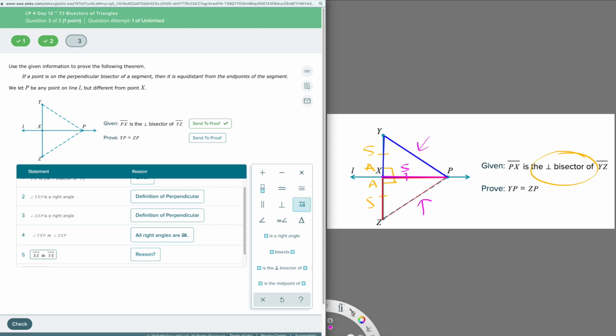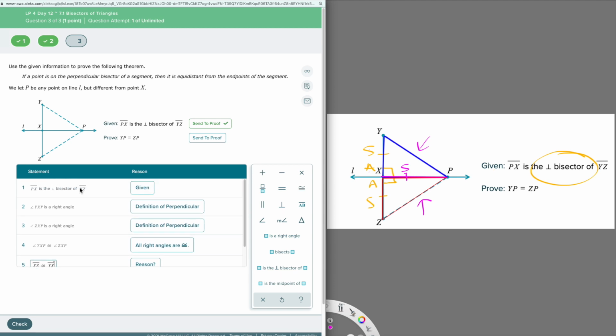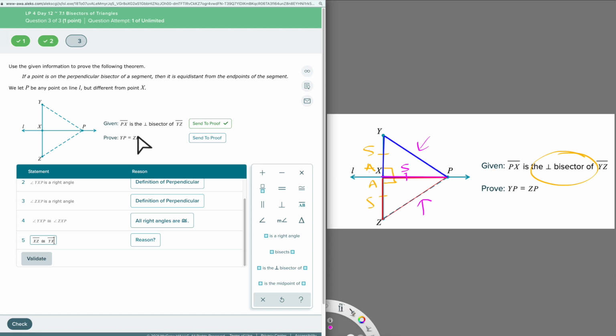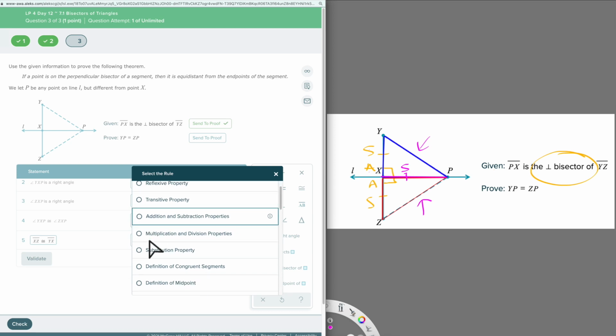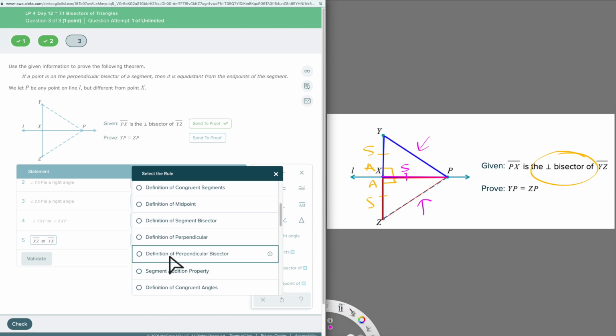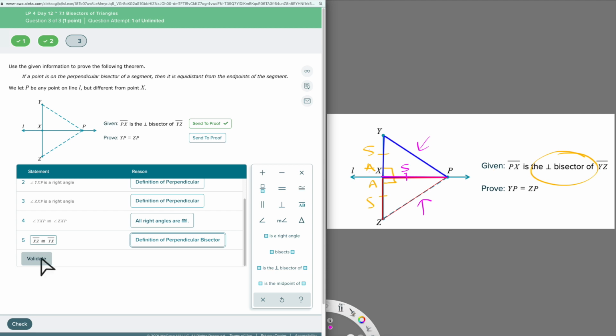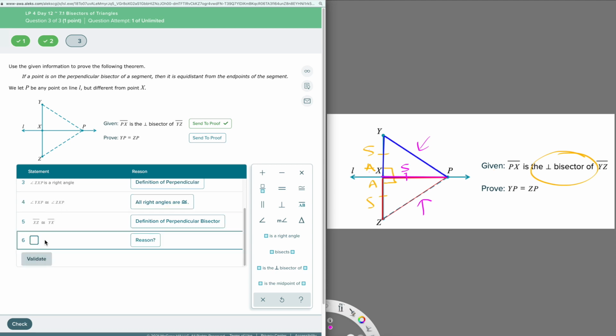It had the segments over the top of this one, but it doesn't have the segments over the top of this one, so it's kind of interesting. My reason for that is I'm defining perpendicular bisector. So I'm going to validate. Perfect. It accepted that, so it's perfectly fine there.